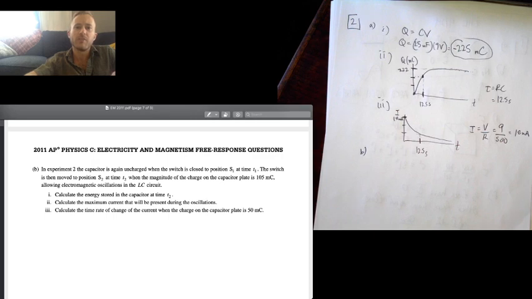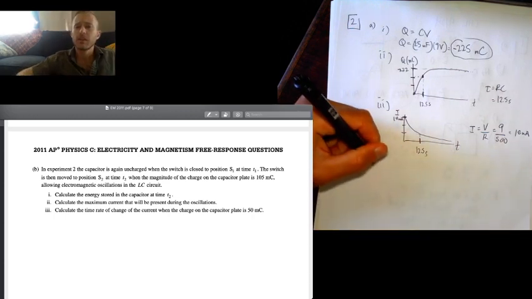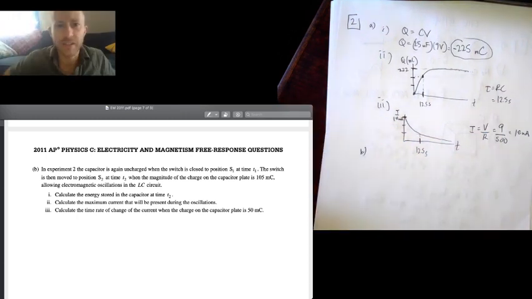The switch is then moved to position S2 at time t2, when the magnitude of the charge on the capacitor is 105 millicoulombs, allowing electromagnetic oscillations in the LC circuit. Wow, I didn't think LC circuits were on the AP Physics C exam, but maybe they are.